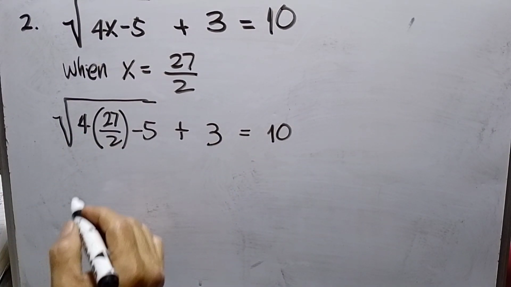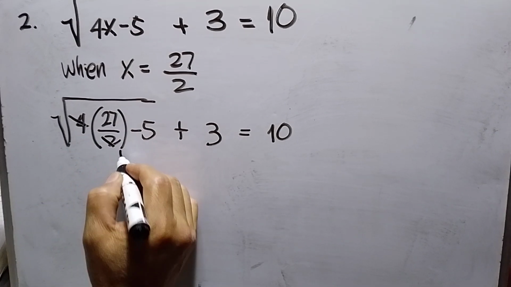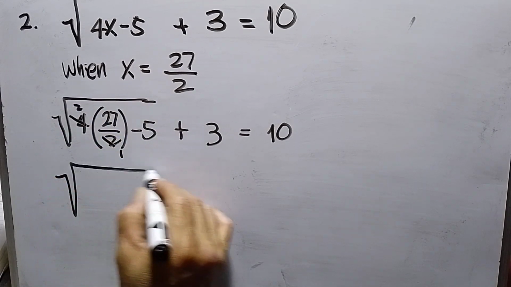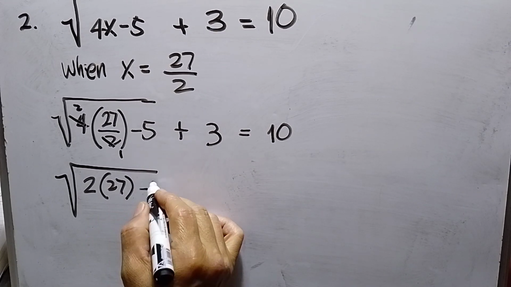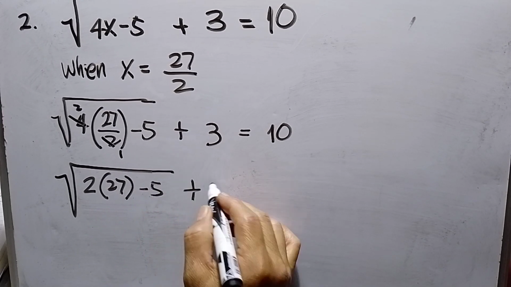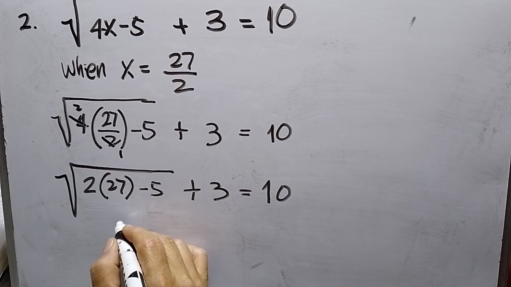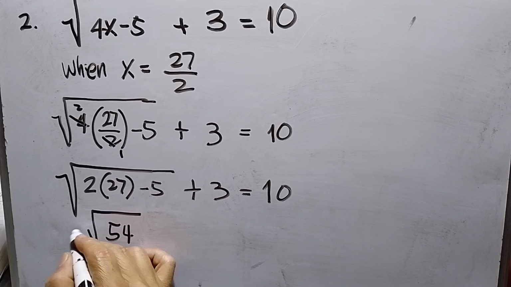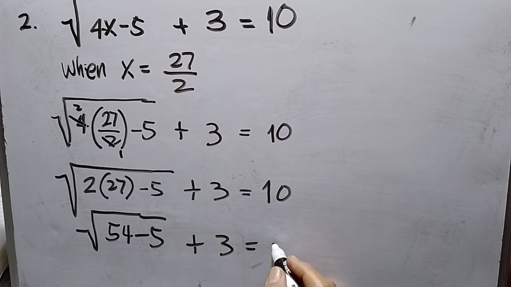This one reduces: 4 divided by 2 is 2, and 2 divided by 2 is 1. So square root of 2 times 27 minus 5 plus 3 equals 10. So 27 times 2 is 14, carry 1, this is 54. Then square root of 54 minus 5 plus 3 is equal to 10.